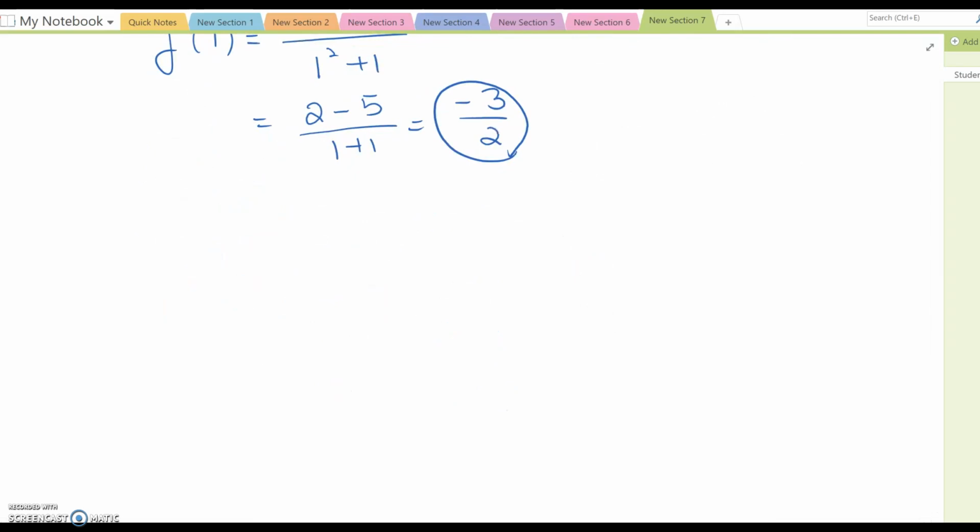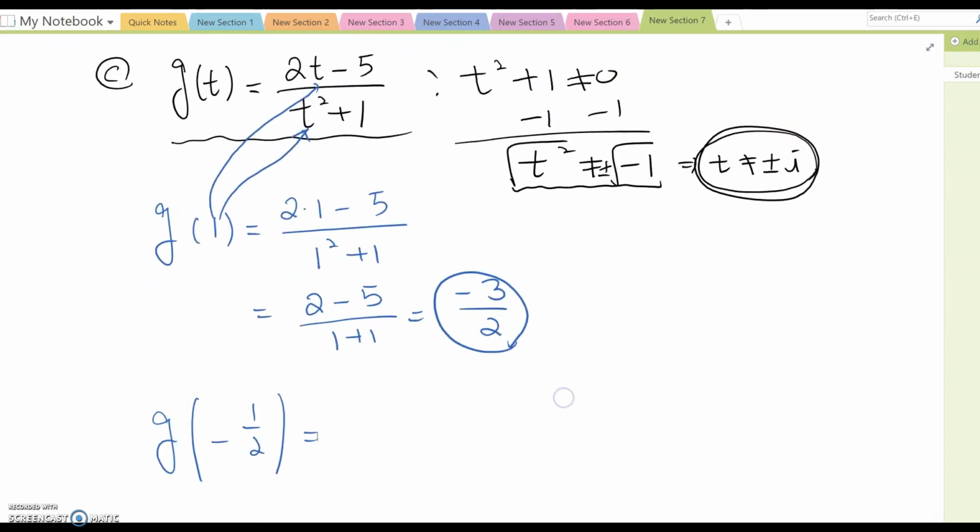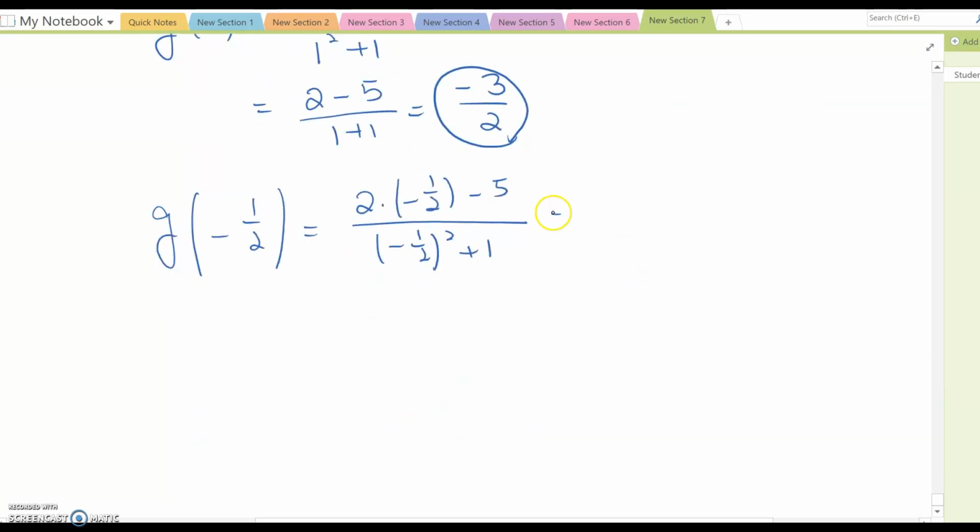What about if we put a fraction, like g of negative 1 over 2? In this case, we also plug this value into t: 2 times negative 1 over 2 minus 5, over negative 1 over 2 squared plus 1. That equals negative 1 minus 5 over 1 over 4 plus 1. So it becomes negative 6 over 1 over 4 plus 1.